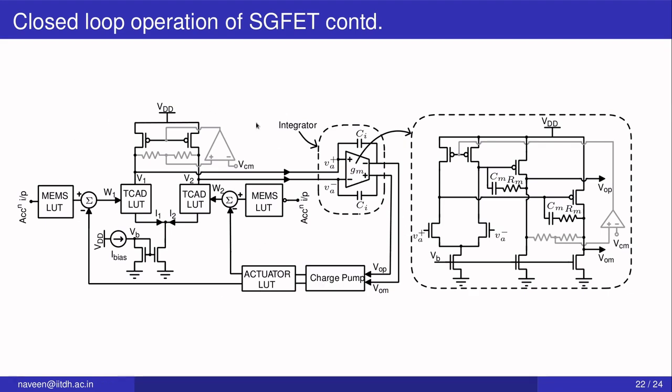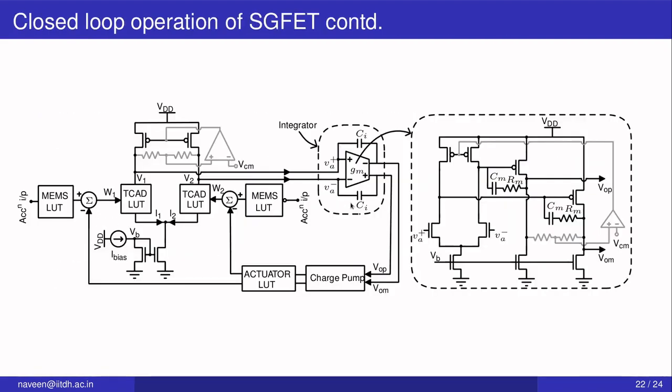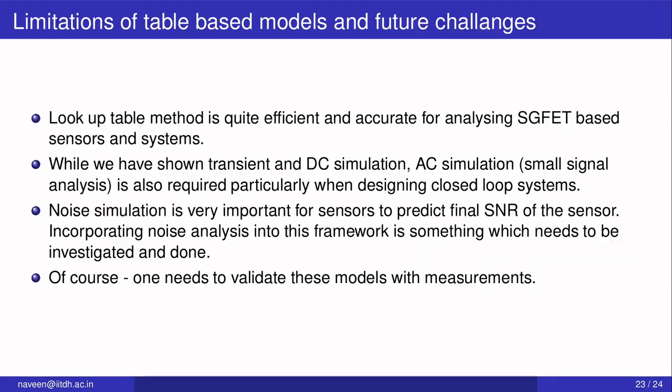So this kind of sophisticated systems with elaborate circuits and MEMS can be simulated, and you can actually predict the overall performance and be confident of your designs before actually fabricating and testing your designs. So essentially we have seen how lookup table methods can be used quite efficiently for analyzing FET based sensor systems.